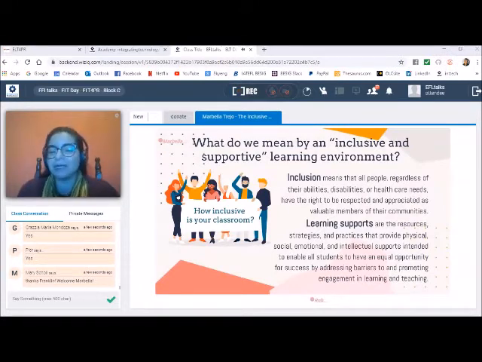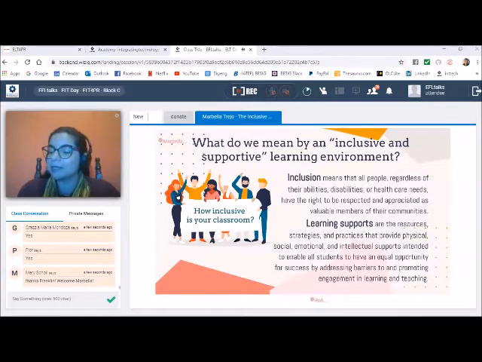And what we mean by learning supports in this particular case is that they're all the resources, strategies, practices that provide physical, emotional, social, intellectual supports intended to enable students to have an equal opportunity for success by addressing the barriers to and promoting engagement in learning and teaching. That's really what we all want, an environment where everyone feels successful, where everyone feels like they can contribute to the community, and where they feel respected. This is what we're aiming towards in our classrooms.